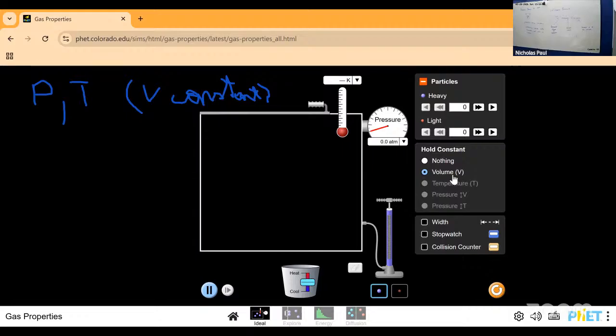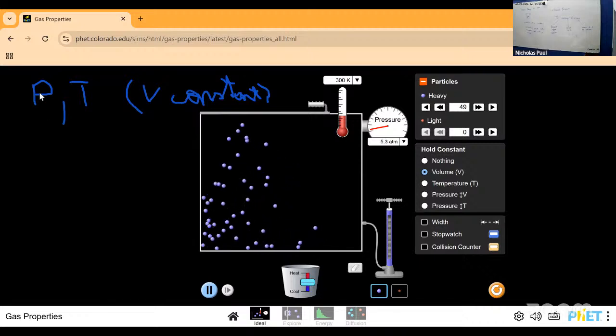What do you think will happen if we increase the temperature? Let's see what will happen. We're going to drop in some particles, real slow.